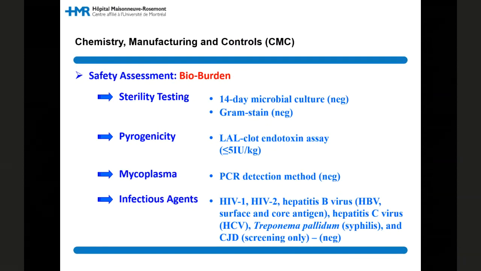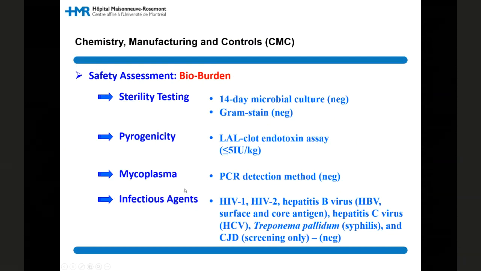If you're doing fresh cells, you will need a surrogate, either a gram stain or a part-time or early, I would say intermediate microbiology culture, which might be better than a gram stain because there are lots of risk of false positive gram stain. You need pyrogenicity, so a luminous endotoxin assay that is commonly performed, that is within spec.